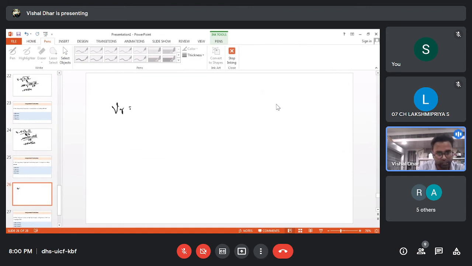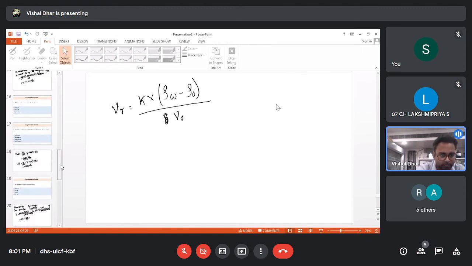So the rising velocity VR equals K into density of water minus density of oil, divided by viscosity of oil. Just put all the values and tell me the answer.